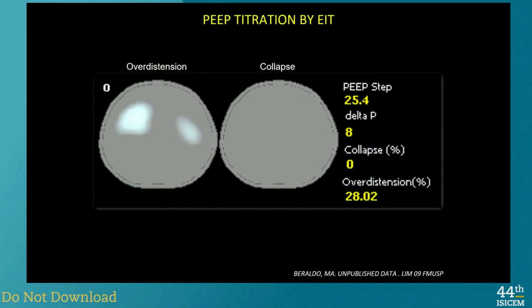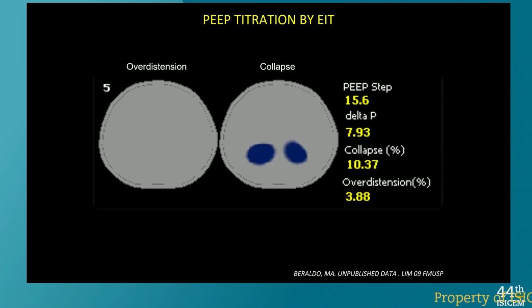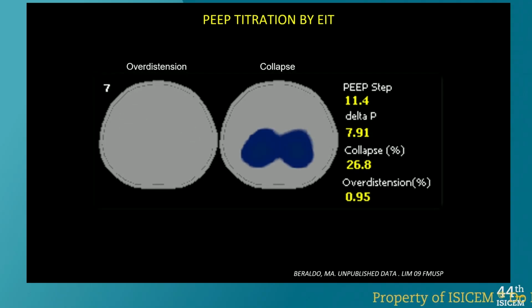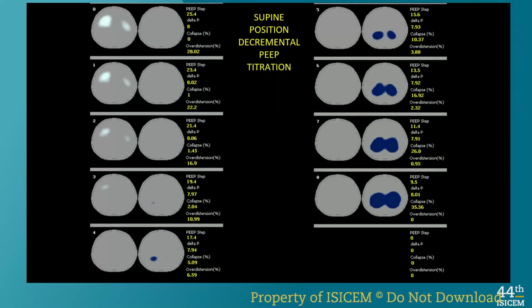When we did it with EIT, we could see the progression of collapse in supine. So a little bit of overdistension at high PEEP. We decrease PEEP level, and we start to see collapse in the dorsal parts of the lung. So you have this sequence of events.